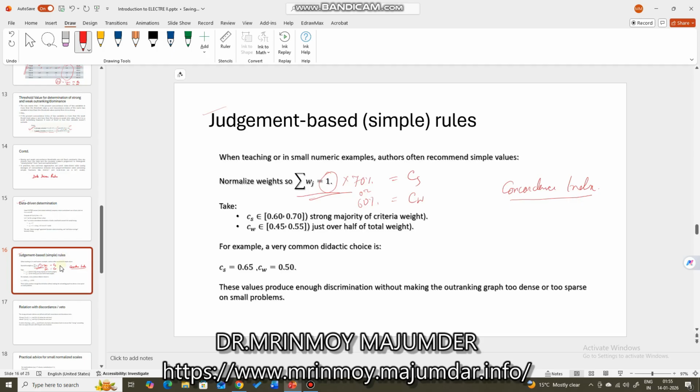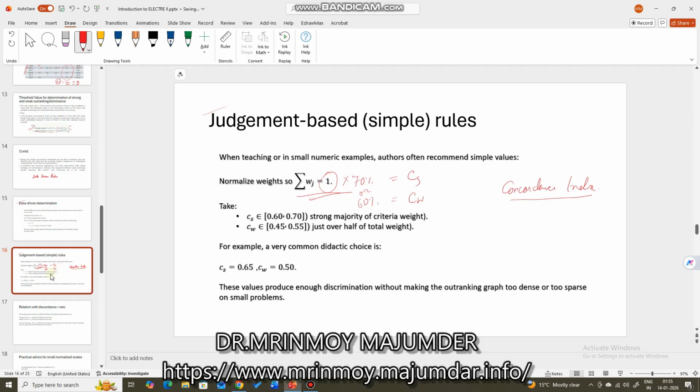In the case of the discordance index also, we average all the discordance index values for all the comparisons, and we add a certain fraction to that.